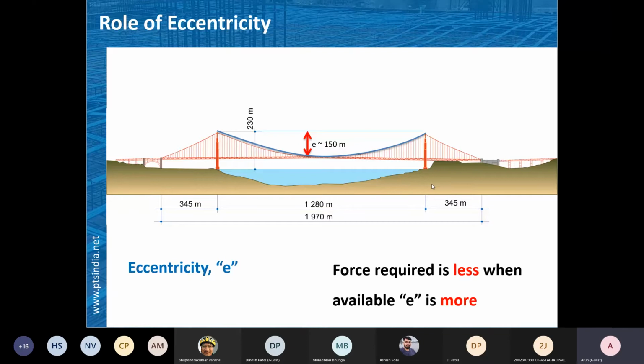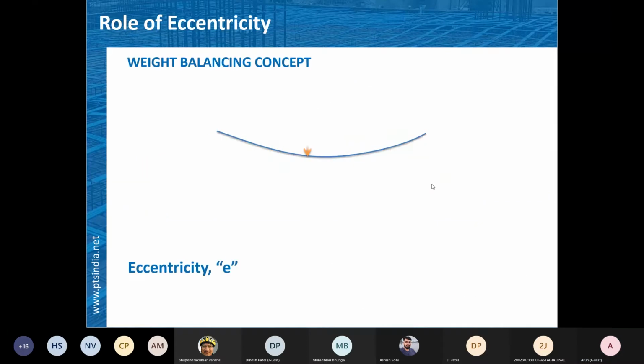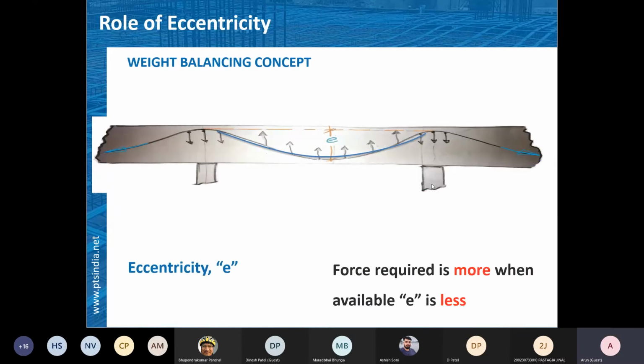With this example, we'll be able to understand the significance of the role of eccentricity in our case. Now, with the same kind of understanding, we again focus on our beam, whether it is a beam or slab.